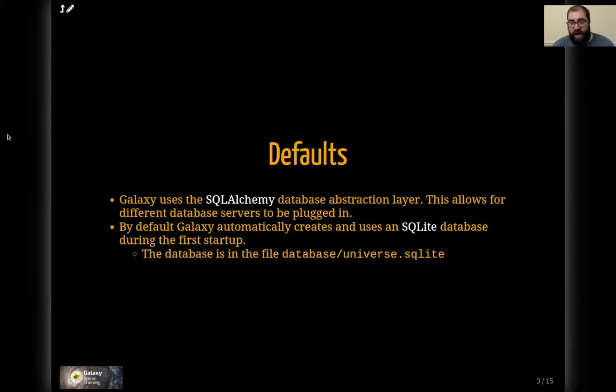As an abstraction layer, it can have multiple different database backends behind it. By default, when you clone and run Galaxy, it actually uses a SQLite database instead of Postgres. If you were to start Galaxy without switching it to Postgres, you could find this database at database/universe.sqlite.